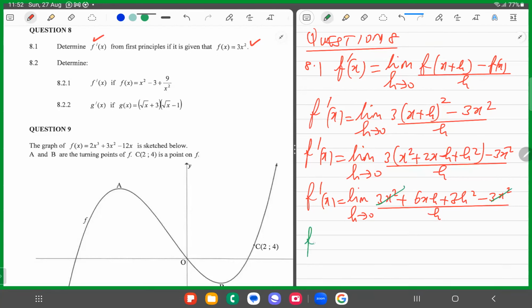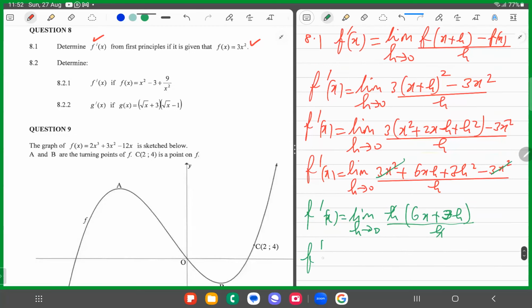Okay, so you have that this is the limit. h is a common factor. You can just pull out h and then you have 6x plus 3h, divided by h, and therefore h divides like this.